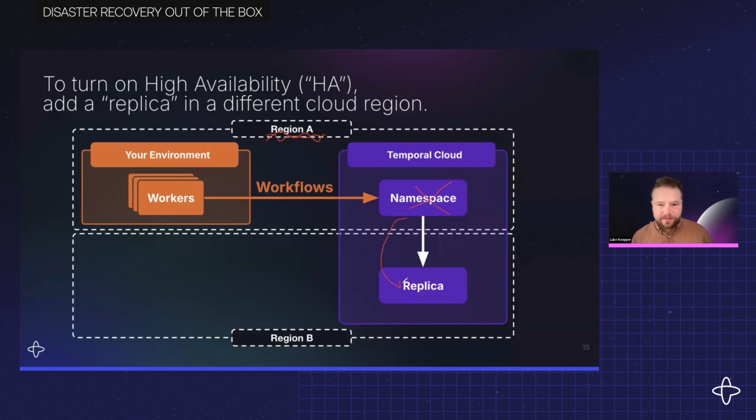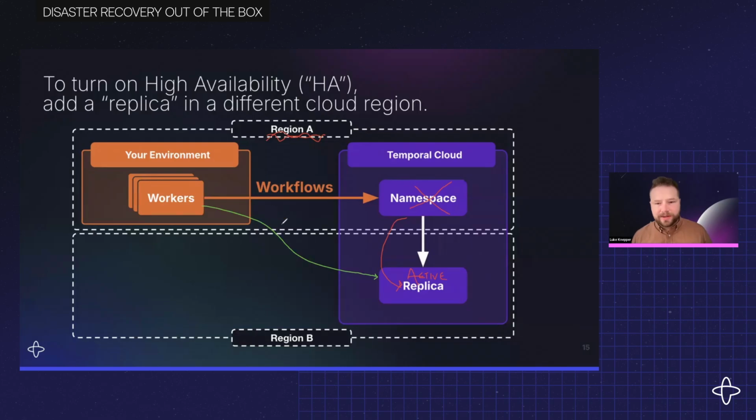And so then it fails over here. And maybe that's automatic, maybe that's manual. So this is active now. So absolutely, you can leave your workers over here. Your workers can reach.